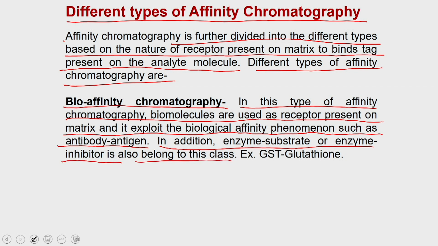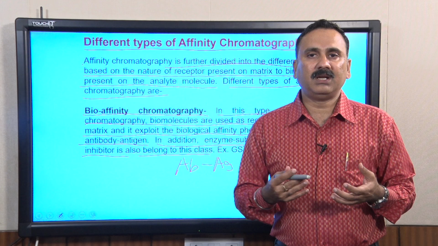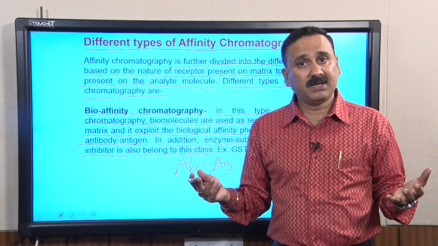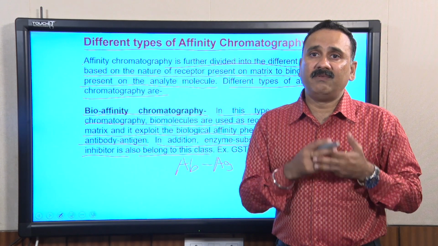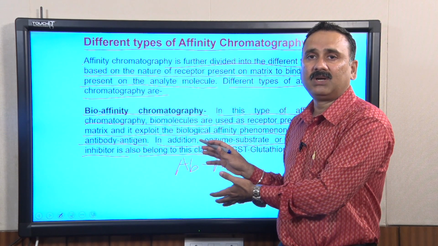So, in bioaffinity chromatography, you can have the antibody to antigen. You know that antigens, when injected into the human body, generate antibodies, and these antibodies are very specific for that particular antigen.